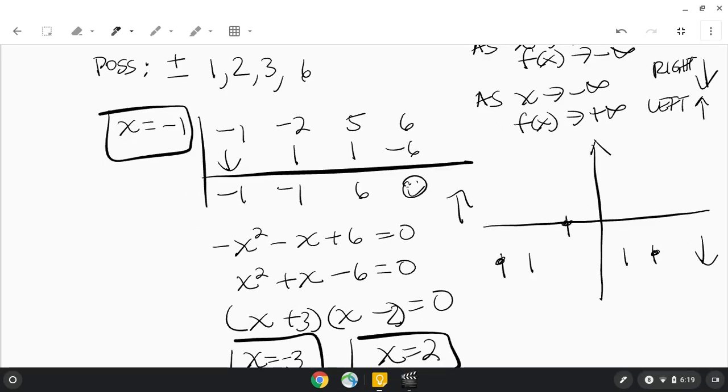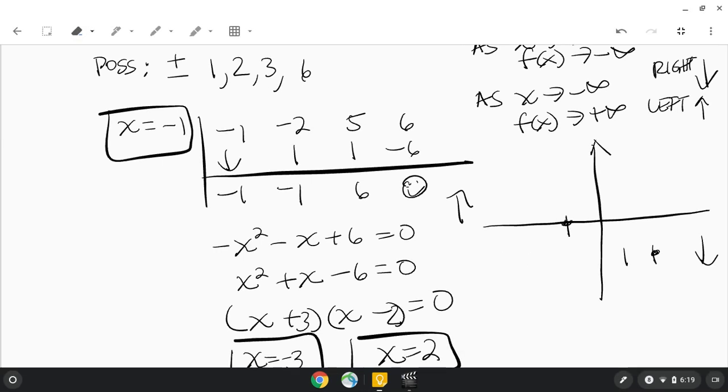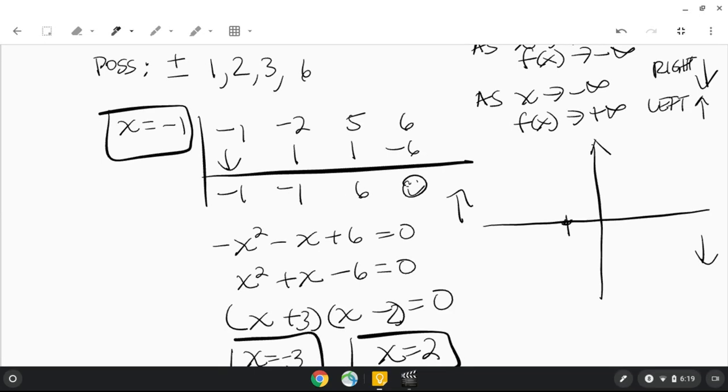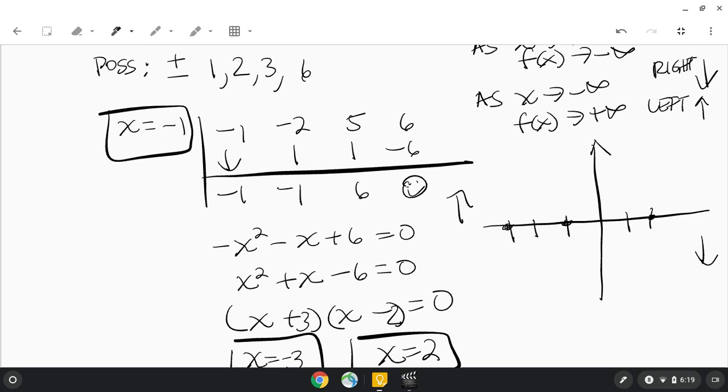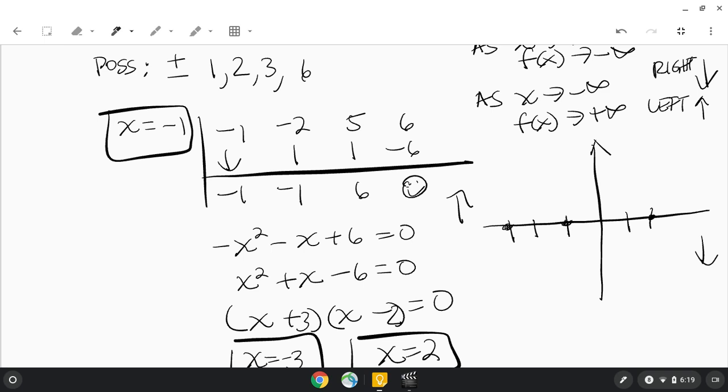Oh, shoot, my laptop is going slower than my writing. It's probably overheating. So we have zeros at -3 and +2. None of these are double zeros, so we're going to be up on this end and down on this end, and all of those zeros are cross-throughs.